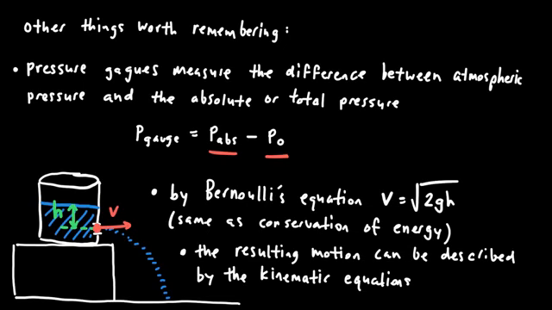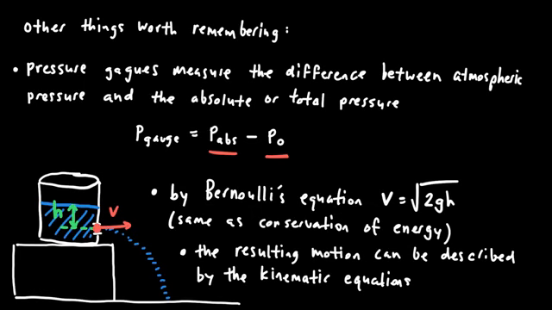Also, we studied Bernoulli's equation by doing a lab in which we filled a 2-liter bottle with water, and water was spewing out of the bottle. And we were able to derive Bernoulli's equation by looking at the relationship between the speed of the fluid coming out of the container and the depth of the fluid in the container.